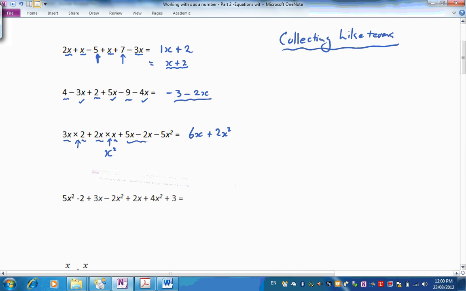Let's join these together here. 5x take 2x is plus 3x. And then we've got another neg 5x squared on the end. So collecting them up again, we've got 6x and 3x is 9x. And 2x squared take 5x squared is negative 3x squared. Getting the hang of it a bit now.